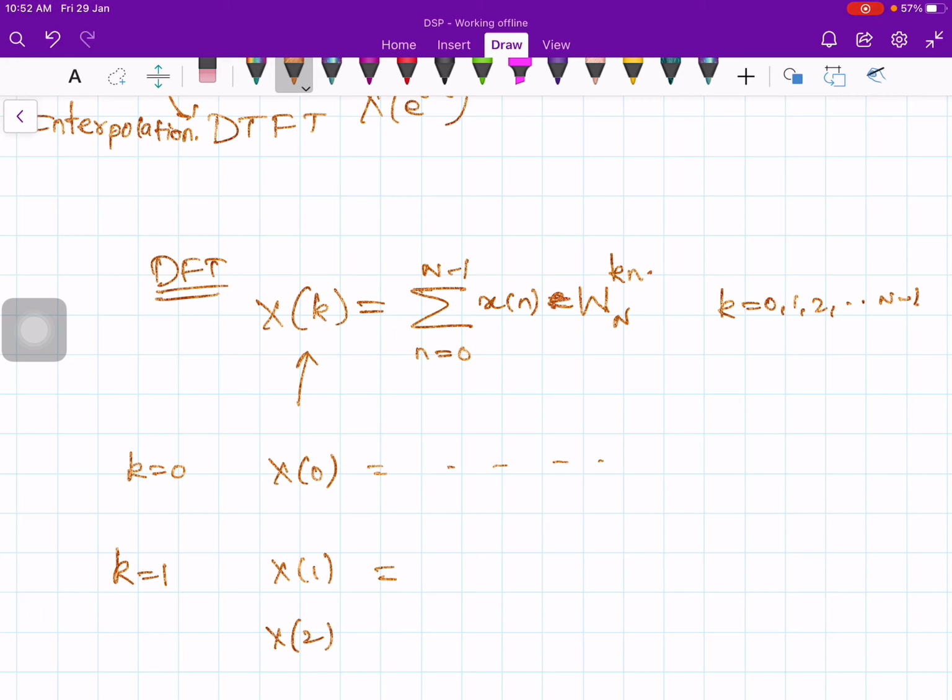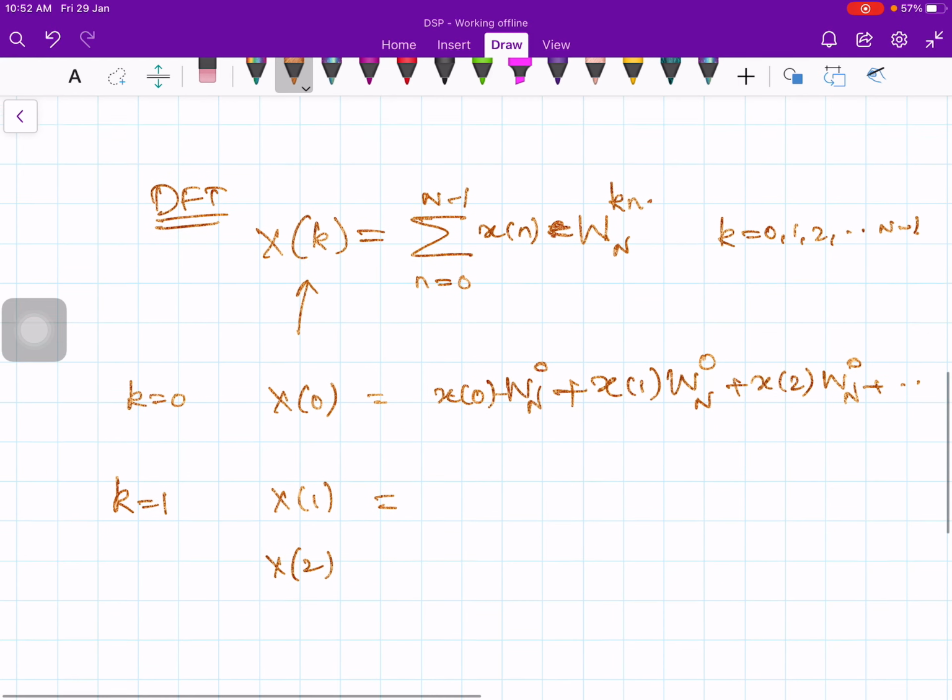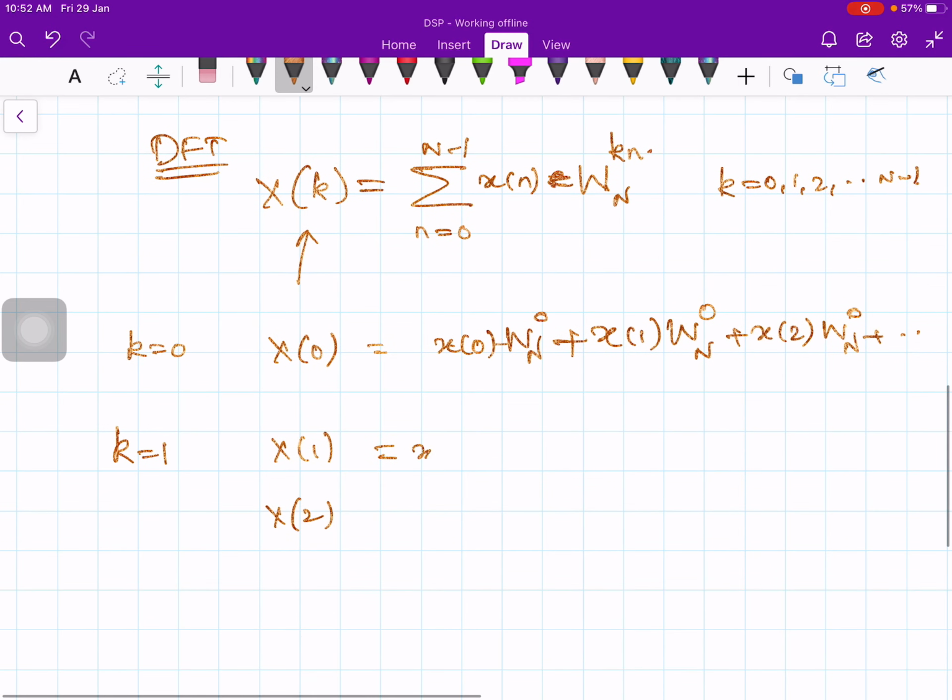If you expand, X of 0 becomes x of 0 W_N^0 plus x of 1 W_N^0 plus x of 2 W_N^0 and it keeps going. And here, X of 1 is x of 0 W_N^0 plus x of 1 W_N^1 plus x of 2 W_N^2 and so on and so forth.